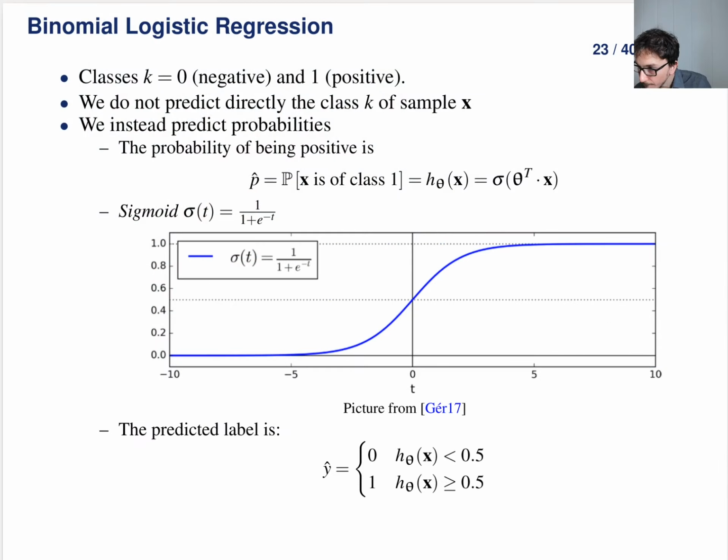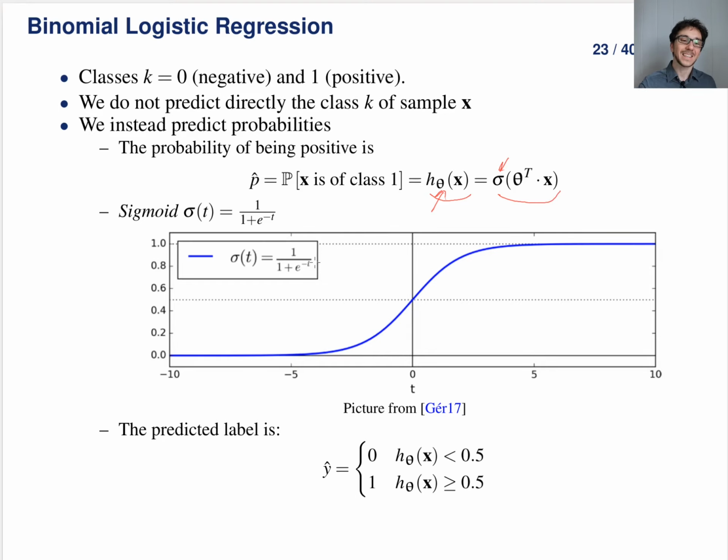So in logistic regression, we do not predict directly the class of a sample. We instead predict the probability of a certain sample X to be positive, which is actually this. And we predict it with a certain parametric function h theta, where the parameters are theta, which is something like this.